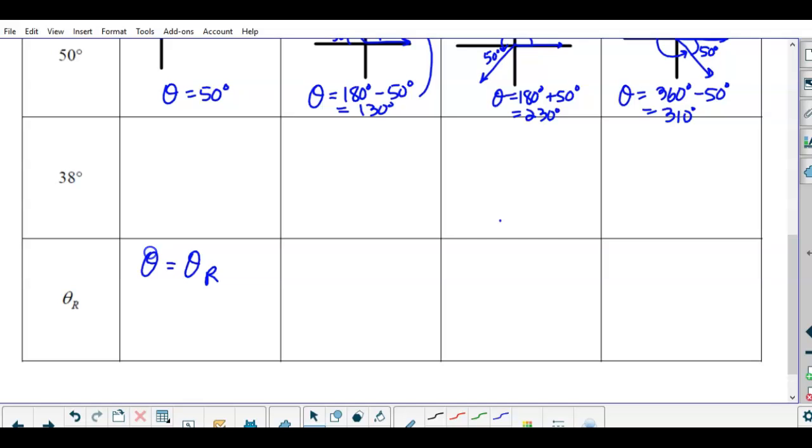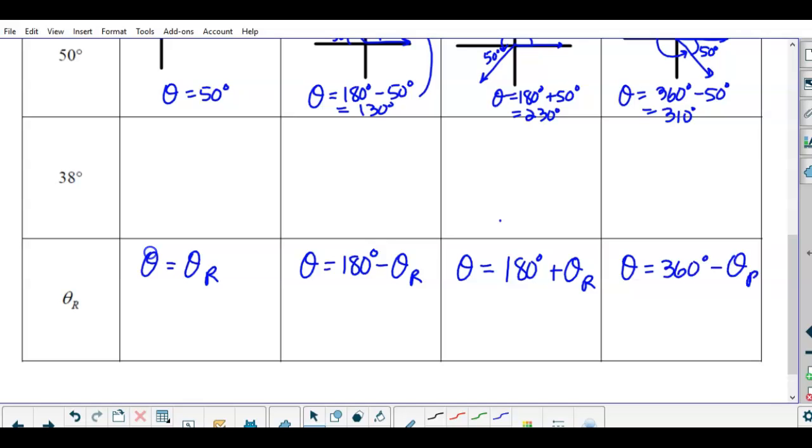Next one, theta equals 180 minus the reference if it's in the second quadrant. If it's in the third quadrant, we're finding angle theta, so theta equals 180 plus the reference. And then here, this is 360 minus the reference.